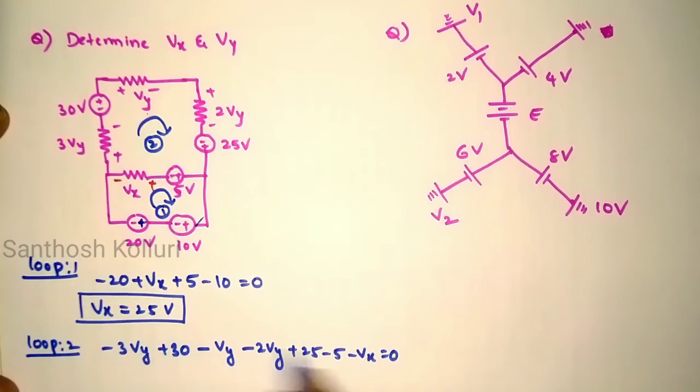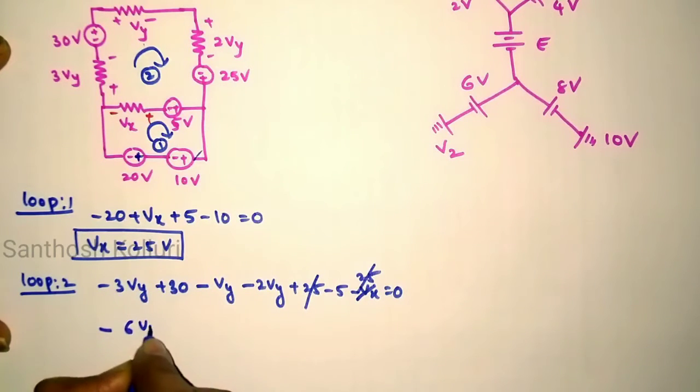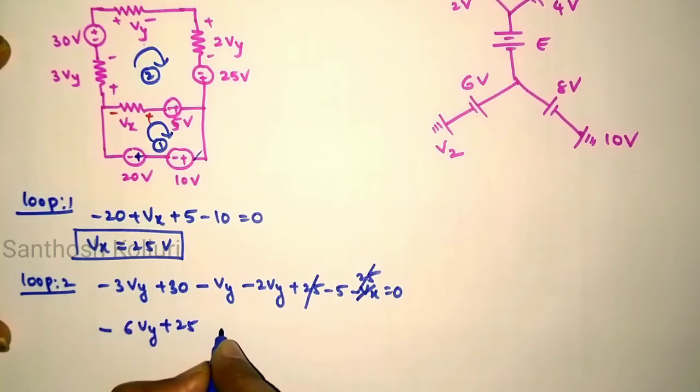You can substitute the value of Vx as 25 here. So minus 25 is there, and here it is plus 25. So it will be minus 6 Vy plus 25 volts. Therefore Vy can be written as 25 by 6 volts.